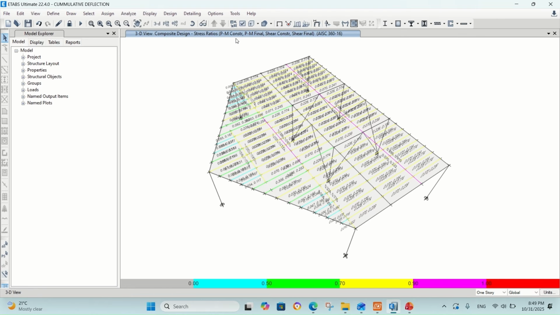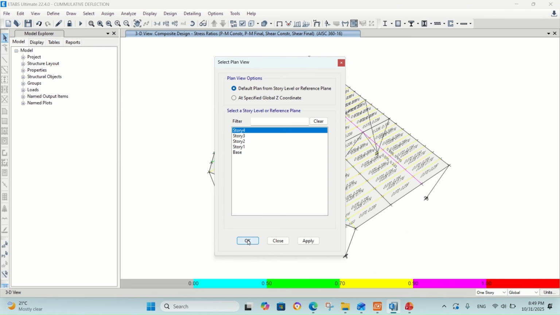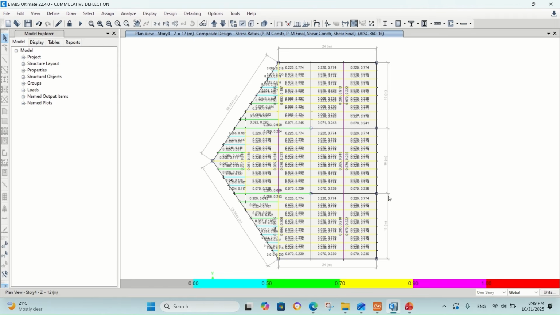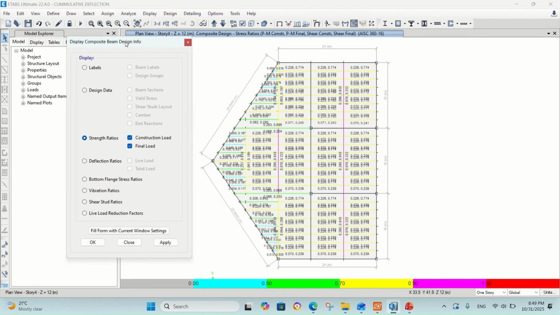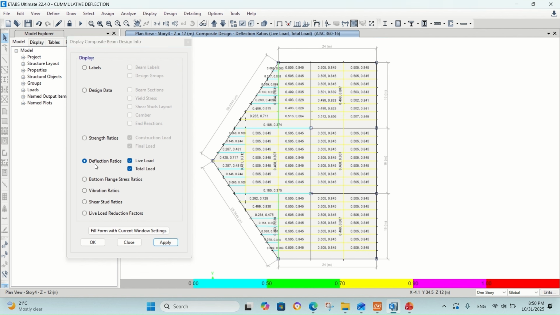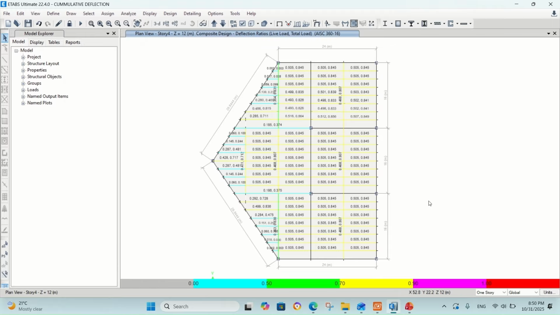We can see also that all beams are passing the unity checks. For sure, we can go and show other design info, the deflection ratios, and other info as well.